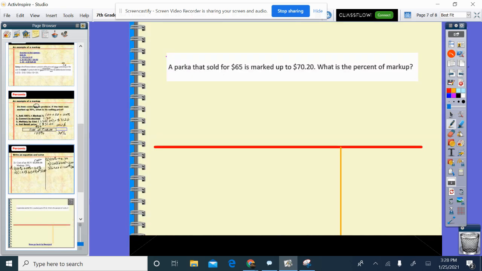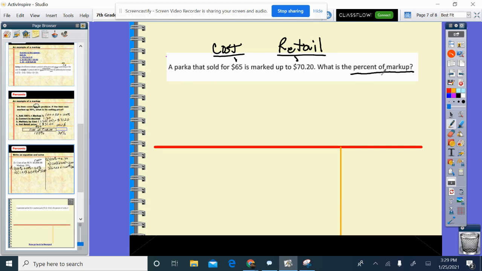One last thing I want to show you, and one last way I want to show you. This is a little different. This is where we want to find out what is the percent markup on something. We have a parka that was sold for $65, and this is the cost, $65, and its retail is $70.20.